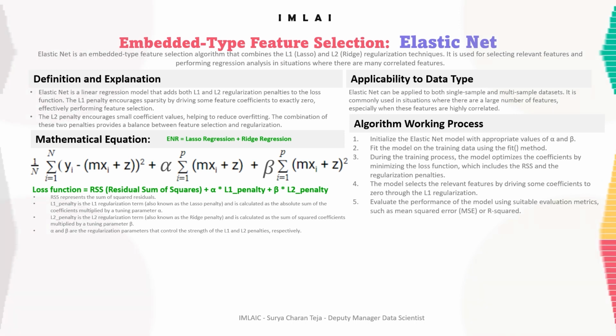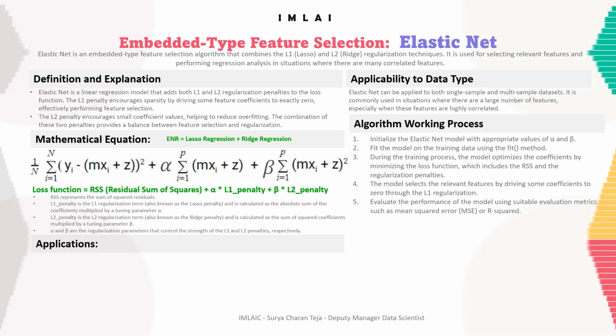Now let's look into some of the applications, or some of the fields where elastic net is widely used. Elastic net is widely used in various fields, including predictive modeling. In predictive modeling, it can be used to select relevant features and build regression models for predicting outcomes such as house prices, stock prices, or customer churn.